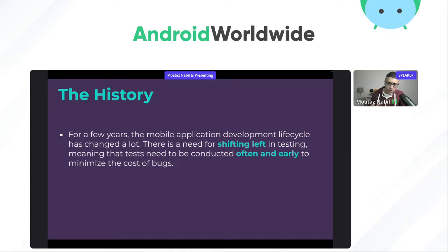cost of bugs. As we know, if you find a bug in development, for example in the pull request or in anything you change in the code base, this will not be the same as finding it in production. And even the root cause: for example, if you made one change in one PR and this broke all the code, you will find the bug easily if you already have test automation, or if you have automated test cases implemented well.